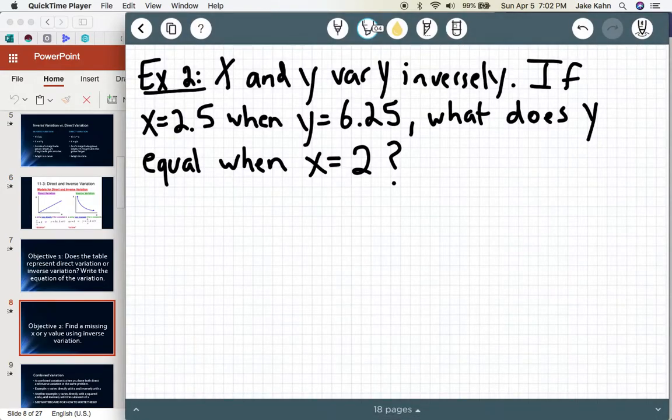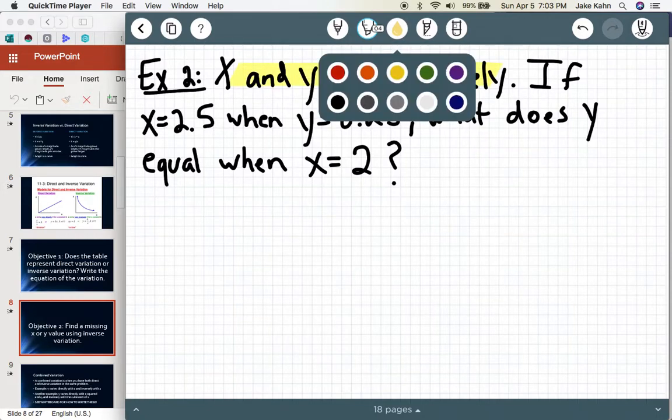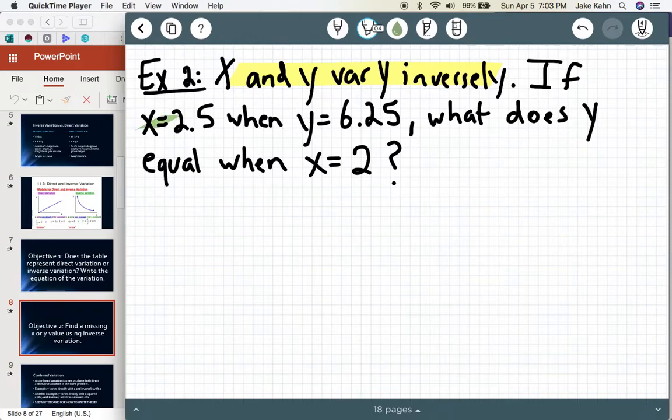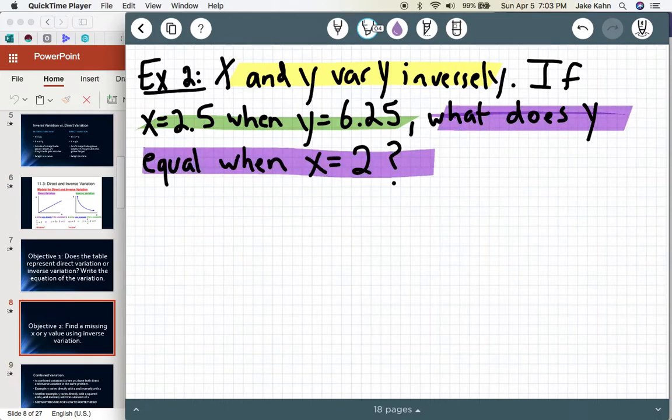Example 2, the same exact thing. x and y vary inversely. Our first case, it says if x equals 2.5 when y equals 6.25, what does y equal when x equals 2? What does y equal when x equals 2? All right, so we're going to set up that same exact equation, which says x1 y1 is equal to x2 y2.